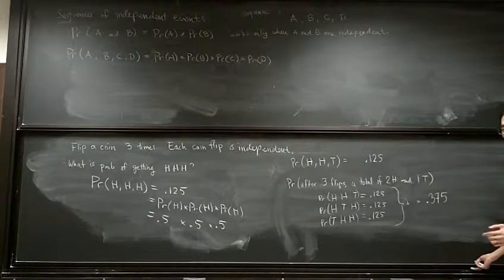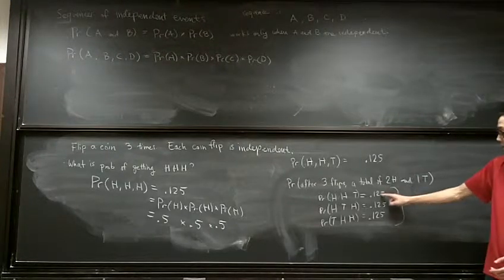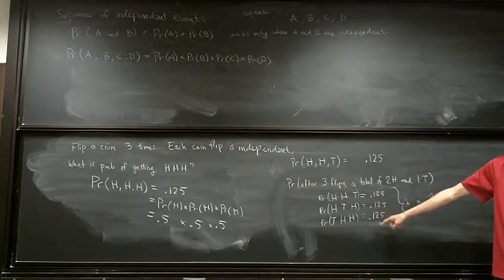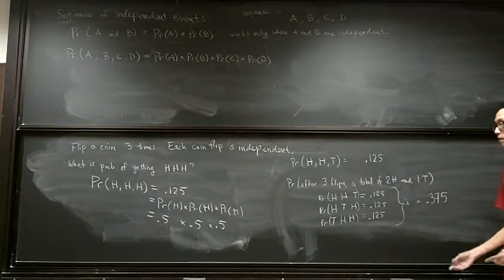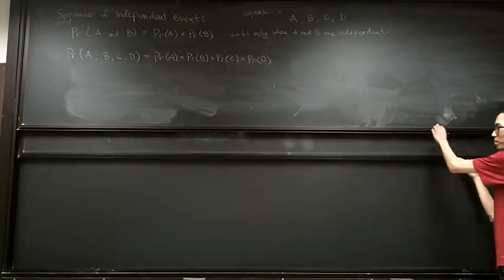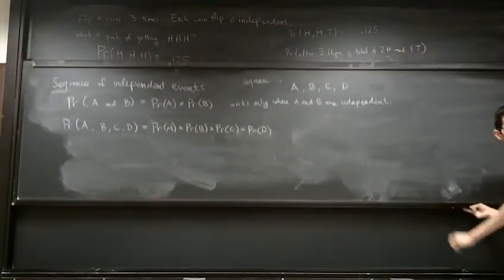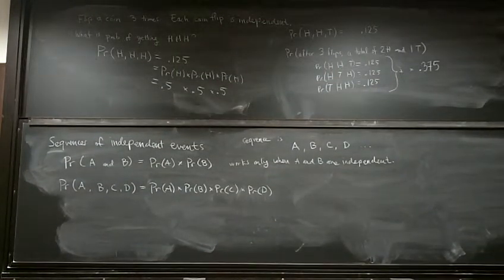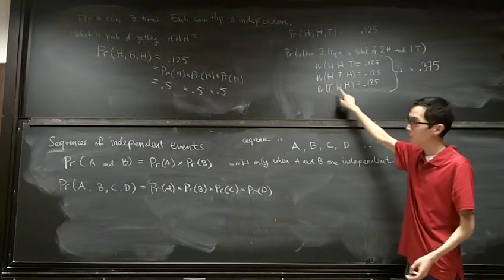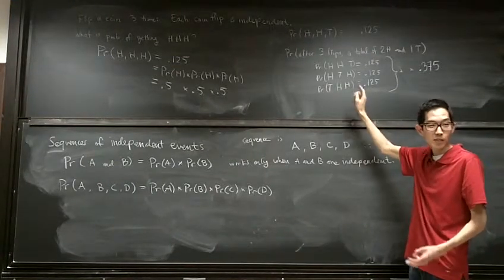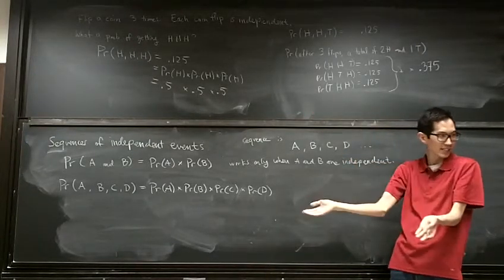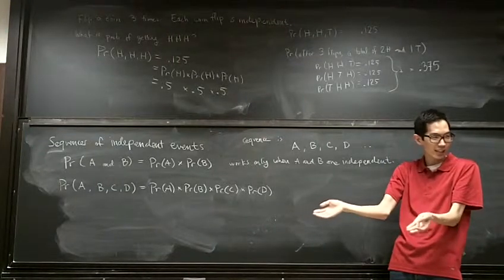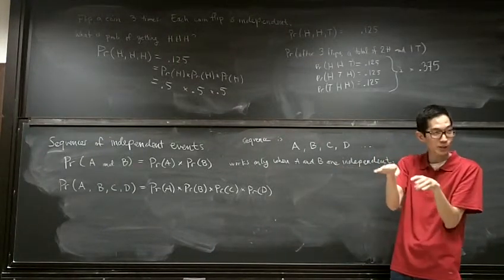You add them. Why do you add them? Because each of these is mutually exclusive, right? It's the probability of this or this or this. So then they're now dependent? Well, they are not dependent. I mean, they're sequences. Each flip is independent, but the entire sequence is not independent of the other sequences. We've got 2 different things going on.